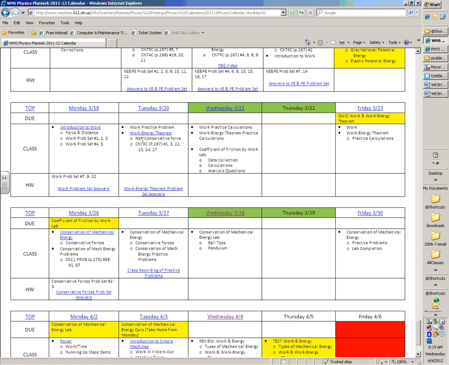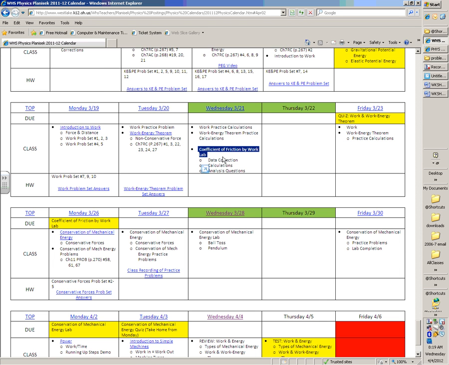Those two we categorized as conservative forces, and we'll talk about those in a little bit. Everything else, tension, applied force, friction, are non-conservative forces and result in a change in the mechanical energy.